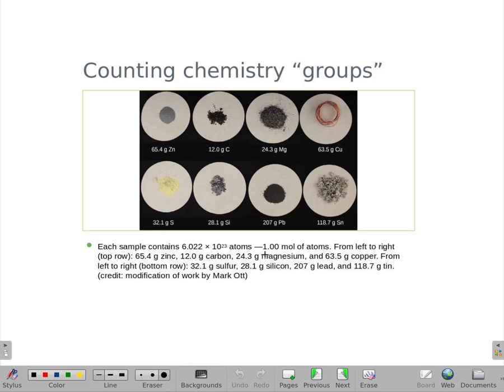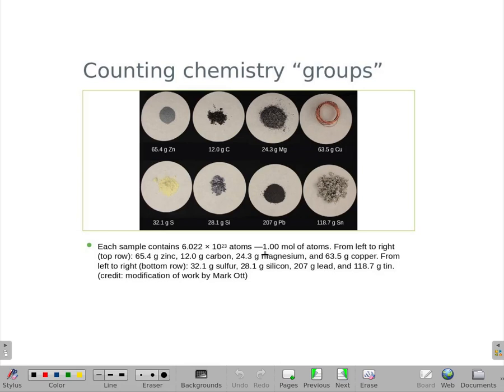Okay, on to counting atoms. When you get a group of things, you count by a group, like a dozen donuts. In the chemistry world, we need something a lot larger than a dozen, simply because atoms are very, very small, and we never deal with them directly.